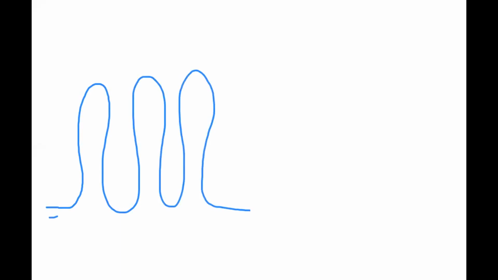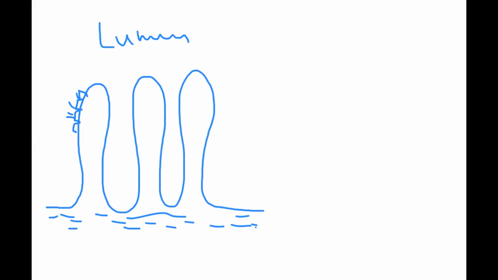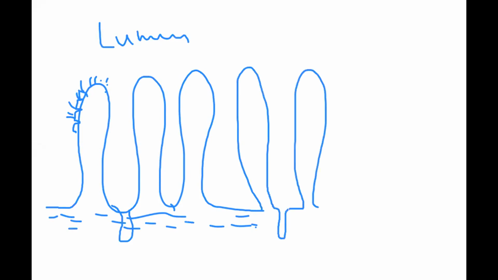This is the lumen right here, and here is the cell lining, and then you have this V-like structure protruding into the lumen. This is most likely a small intestine structure.